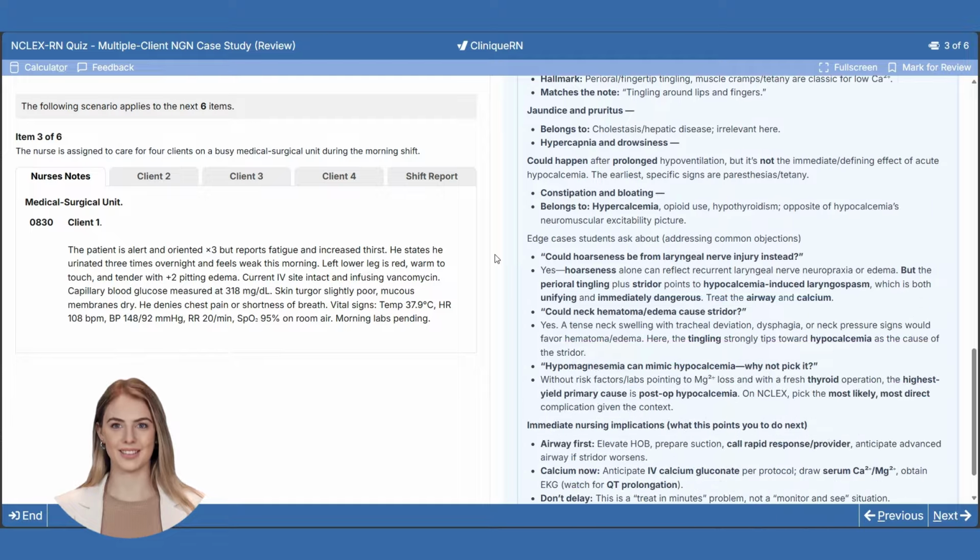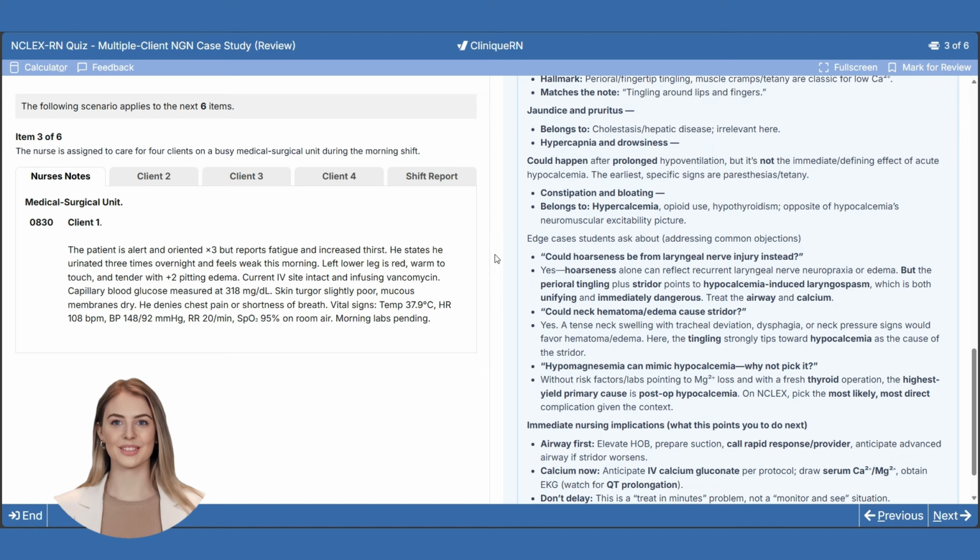Hypercapnia and drowsiness could happen after prolonged hypoventilation, but they're not the immediate or defining effect of acute hypocalcemia. The earliest specific signs are paresthesias and tetany. Constipation and bloating belong to hypercalcemia, opioid use, or hypothyroidism, the opposite of hypocalcemia's neuromuscular excitability picture.